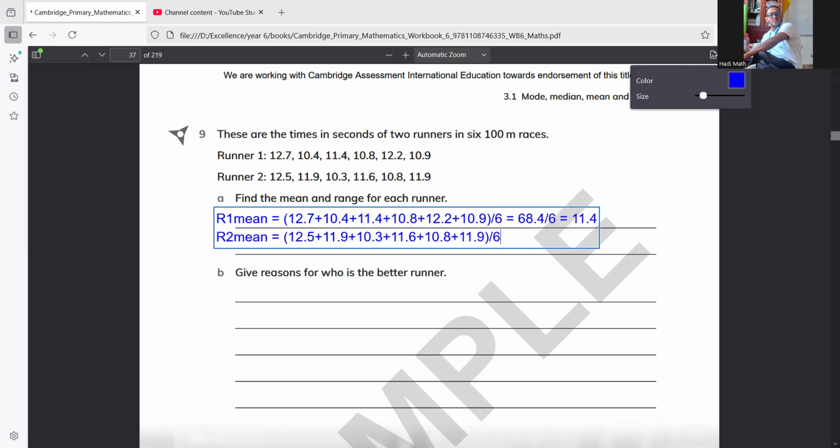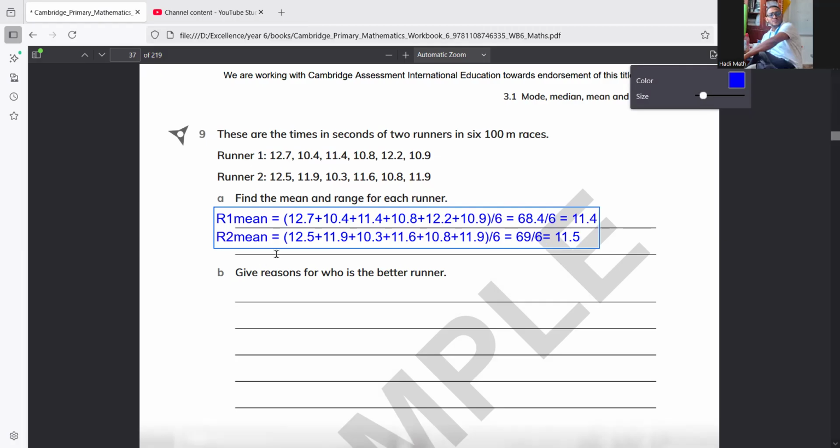When you add all of them together, they will give you 69. You divide 69 by 6, and this will give you 11.5.